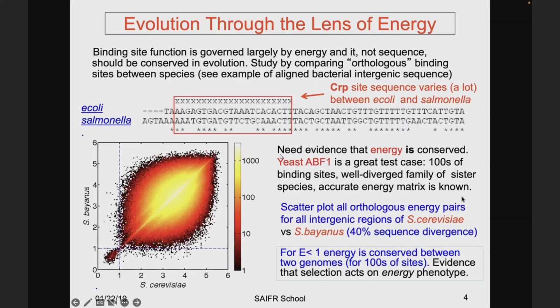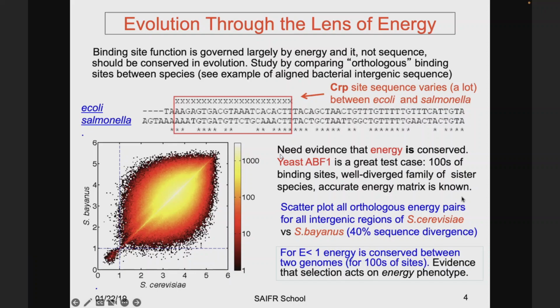Now, why do we concern ourselves with binding energy? Well, the function of a binding site is governed largely by the binding energy of the transcription factor we're interested in to a particular promoter site sequence. That's what's functionally important, and presumably it's that which must be conserved in evolution.